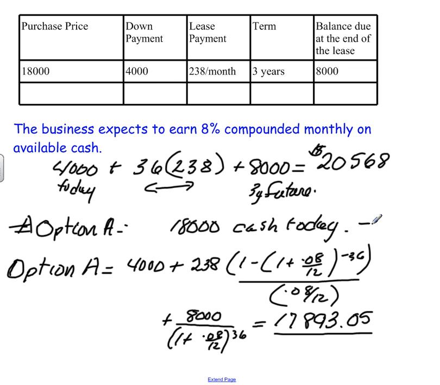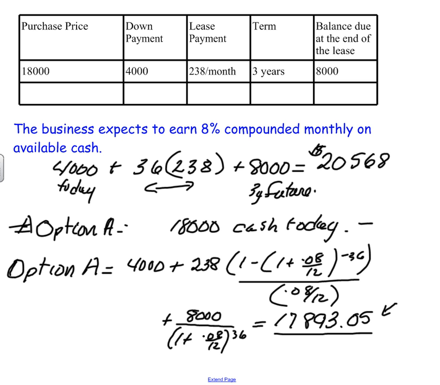That is cheaper than the $18,000 in cash that he would disperse today. He can disperse that money in pieces over the next 3 years, and in today's money, that is costing him $17,893. A wise businessman would, in this case, take the lease option and defer the payments over the next 3 years because in terms of today's value, it is cheaper.